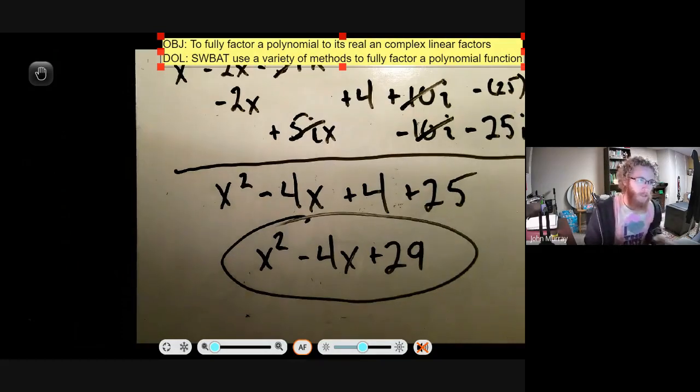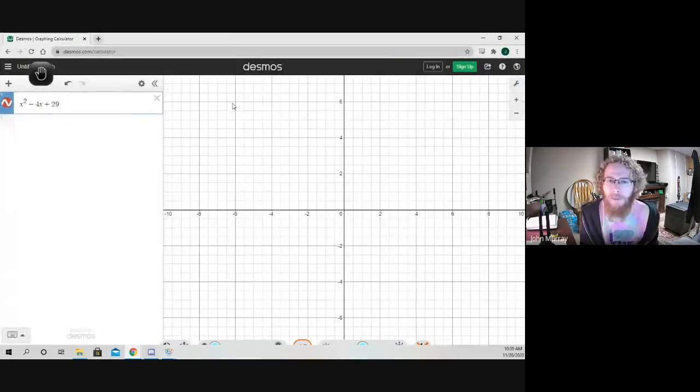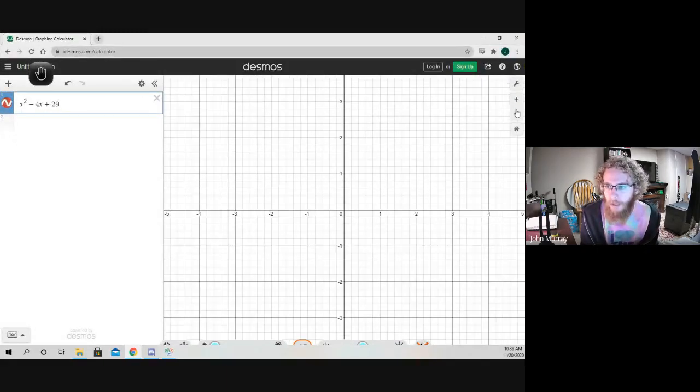Okay, so real quickly, before we move on, if we look at the graph of x squared minus 4x plus 29, well, here we don't see anything.